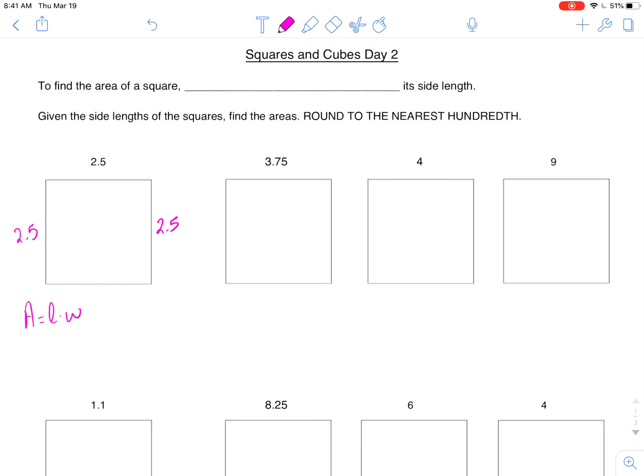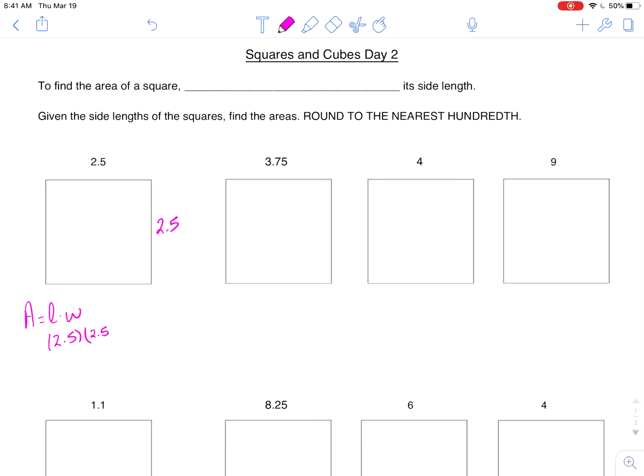They've all got to be the same. So length times width just ends up being 2.5 times itself, or 3.75 times itself. We are squaring these numbers, or multiplying them by themselves 2 times.